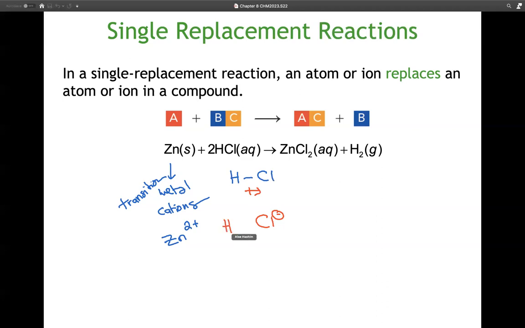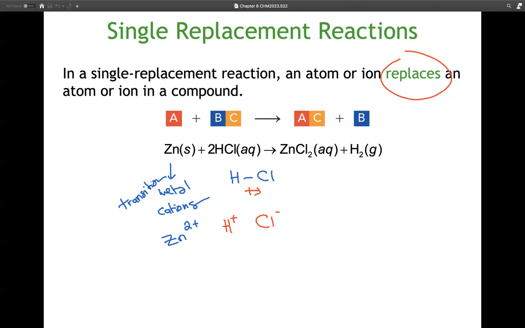Hydrogen is a non-metal in group 1A, and if it loses its one and only electron, it carries a positive charge. So which of the two, chlorine or the proton, would you expect to swap places with zinc? Correct, the hydrogen.